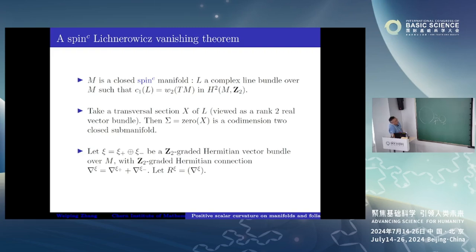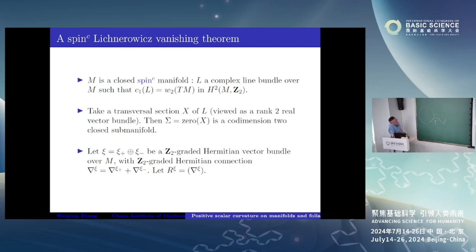This is a spin manifold. On the spin C manifold, you take the line bundle as a Euclidean rank 2 vector bundle. You can always take a transversal section X. Then the zero set of this transversal section will be a codimension 2 smooth closed submanifold.